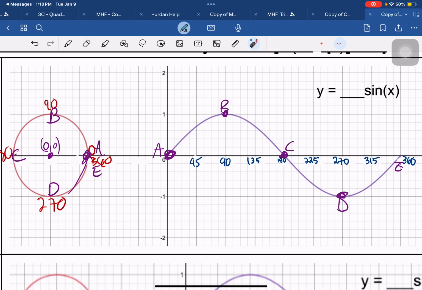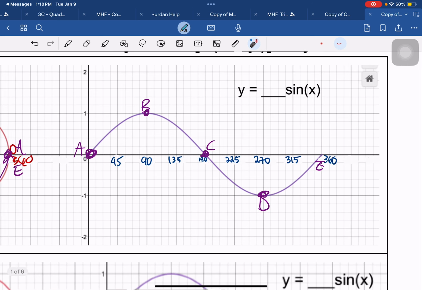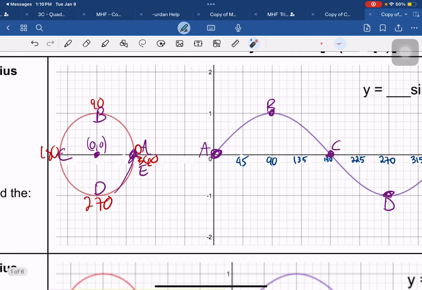It goes from a low of -1 to a high of 1, and it goes between 0 and 360 on the x-axis for one full revolution. Of course, it can go over and over again because I can keep revolving around the circle: 360, 370, 380, 390, all the way up to 450 and so on.